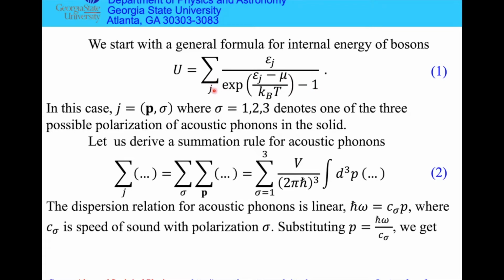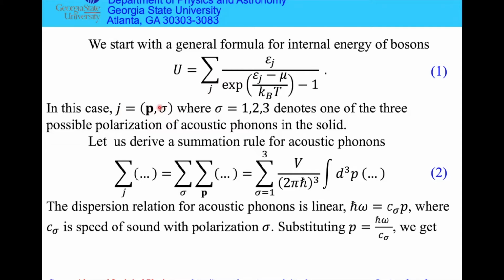Again, J is the index denoting the state of one particle. In our case, J consists of two components. P is a momentum, which is a good quantum number, a conserved quantity for uniform space, where we assume our gas is contained.